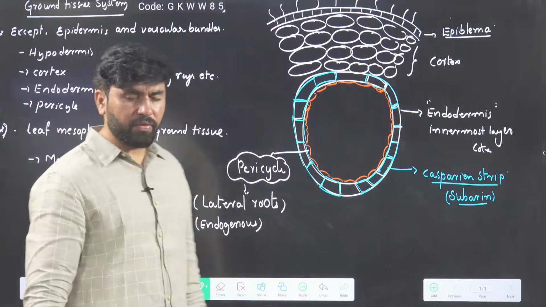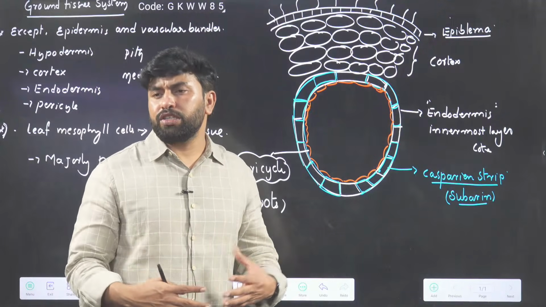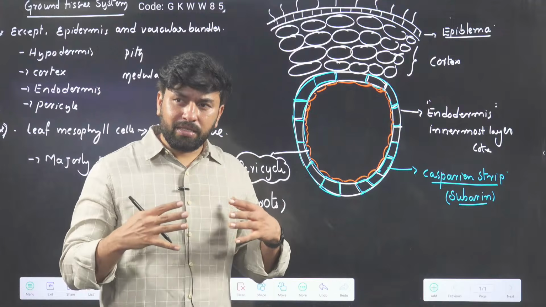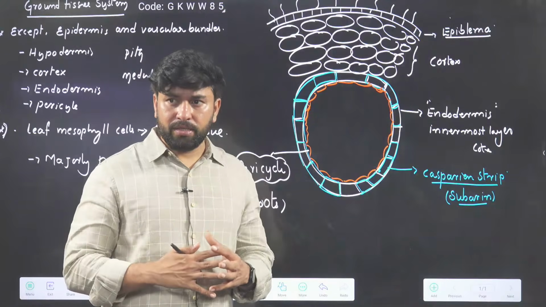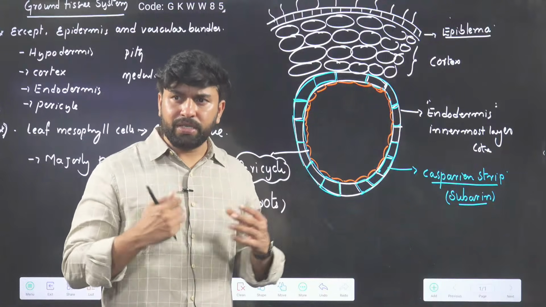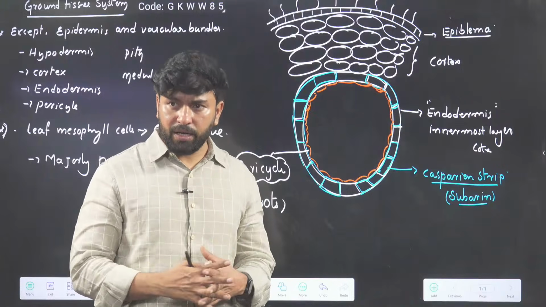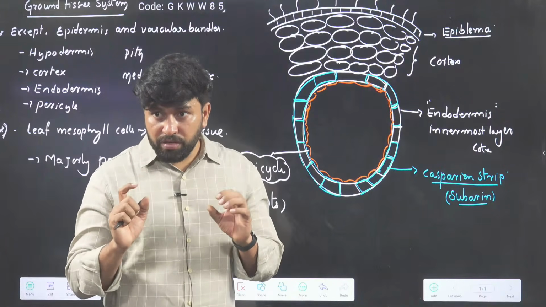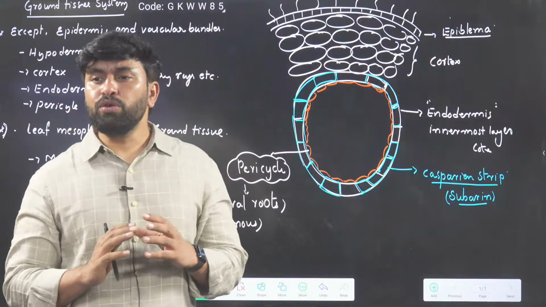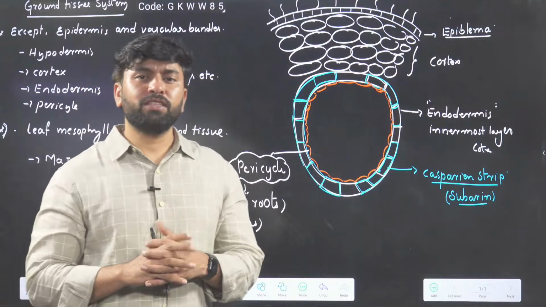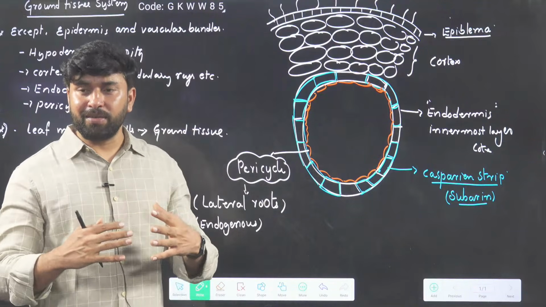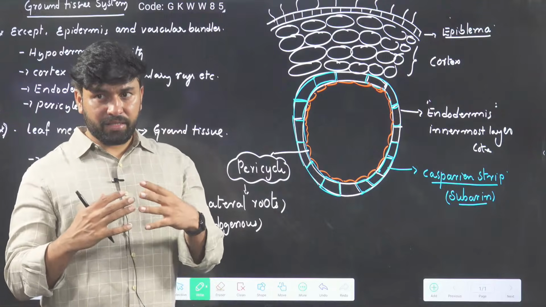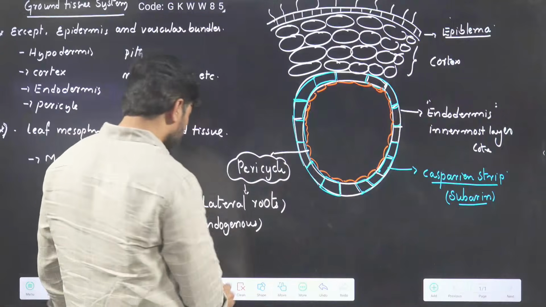Branches of root are always endogenous in origin, but branches of stem are exogenous. Root hair, exogenous. Stem hair, trichomes, exogenous. But when root produces a branch, that branch is always internal. Stem branch, external.